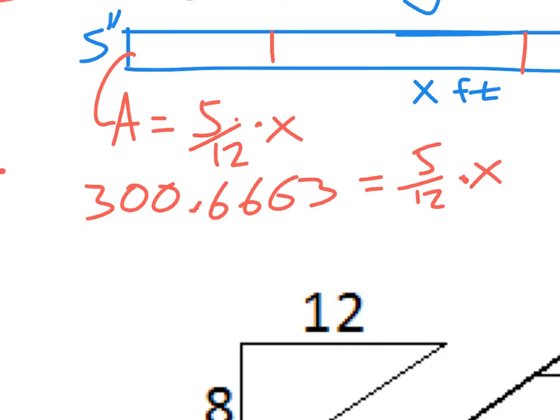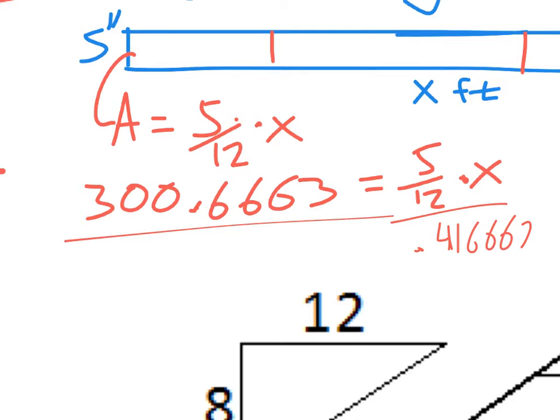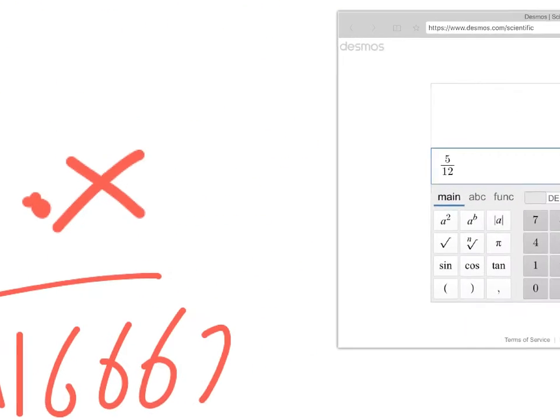So we have 300, we want to divide by 0.416, because that's just 5/12. All right, and so we divide that out. So let's take 300 divided by that, and we'll have our answer.